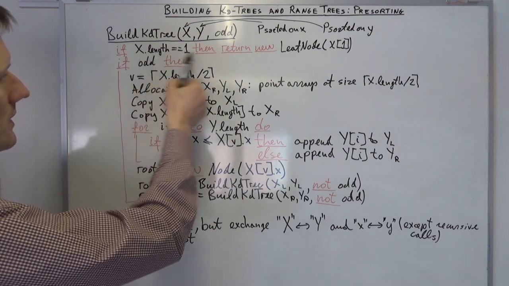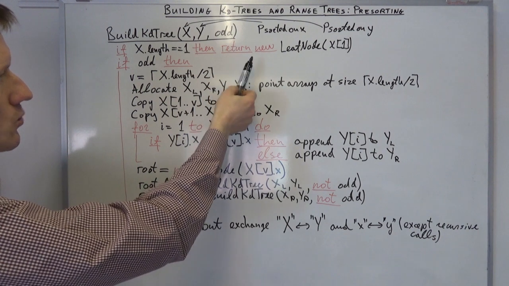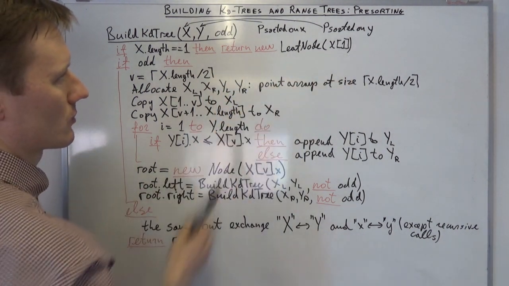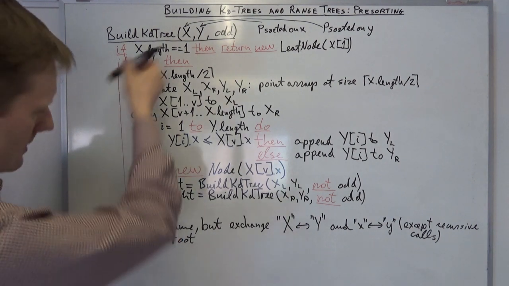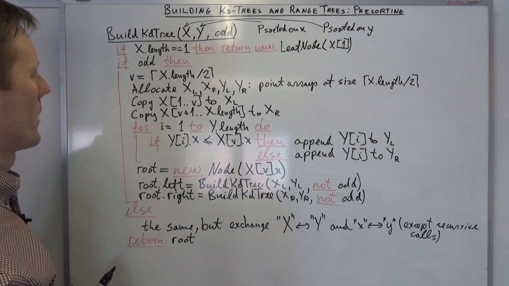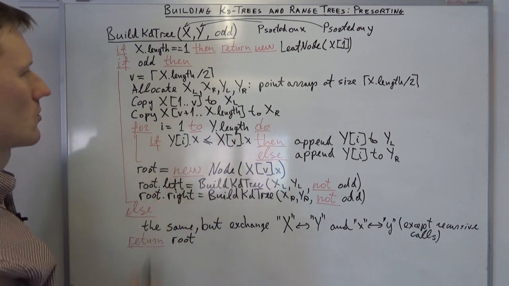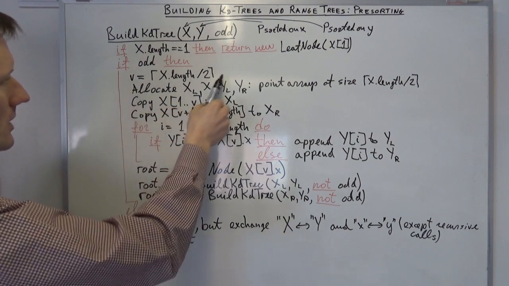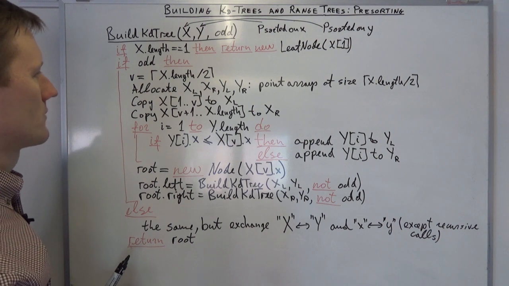First we check if the size of the array is 1, then we know that it's just one point, so we create a leaf node containing that point. Otherwise, here is a piece of code for the case when we are at the odd level, the level where we split according to the X coordinate. We compute the index of the point in the middle of the array.